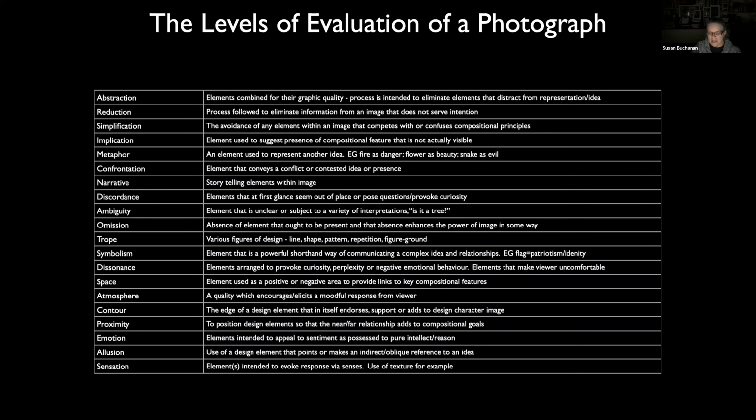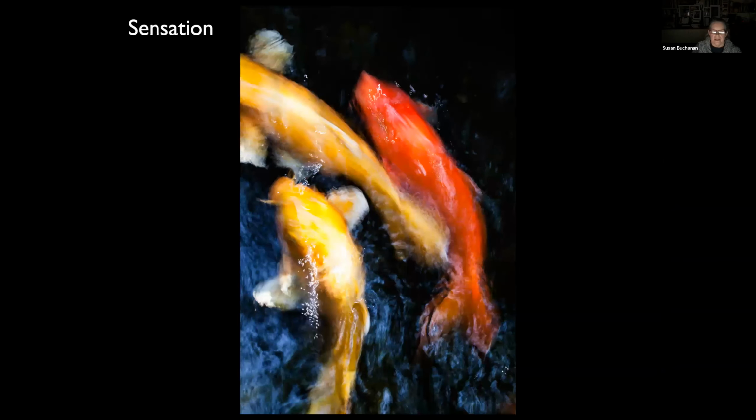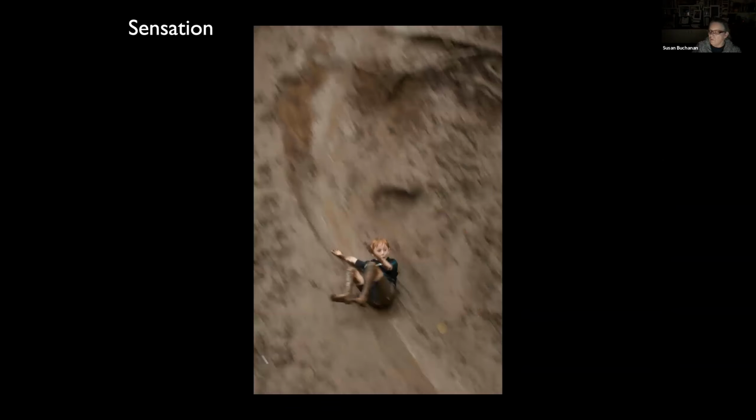Okay, sensation. Now you can look at Des has used texture as an example. So I actually avoided texture and I thought I would look at the senses. So the sense of touch, the silkiness of the water, the movement. This next one is also about water, but it's definitely not silky and beautiful.